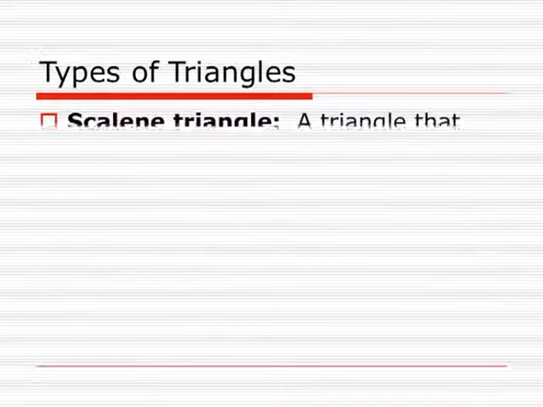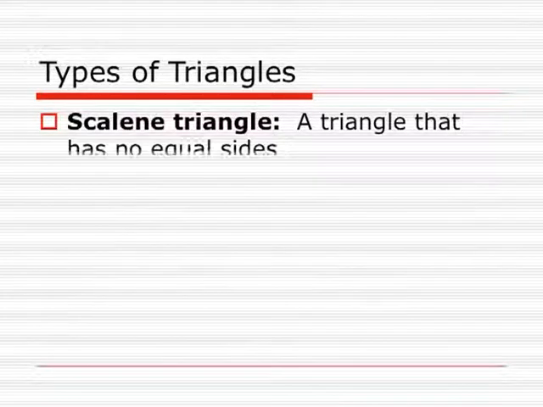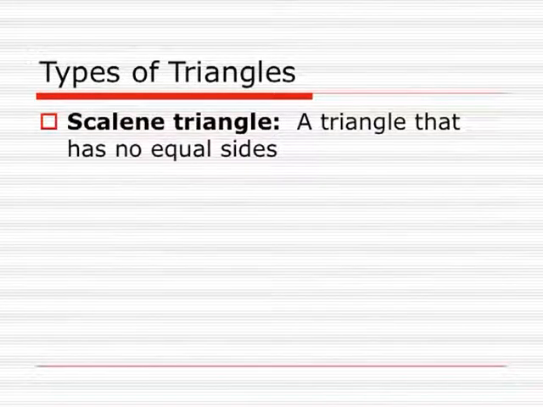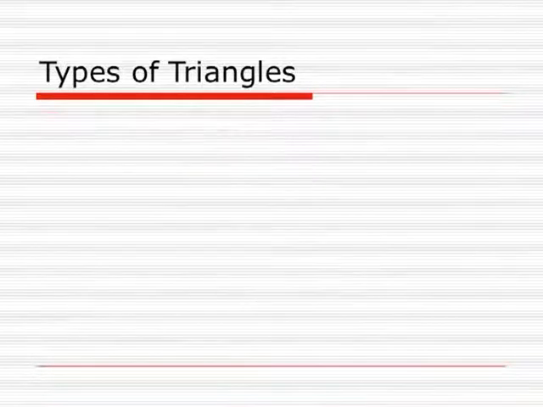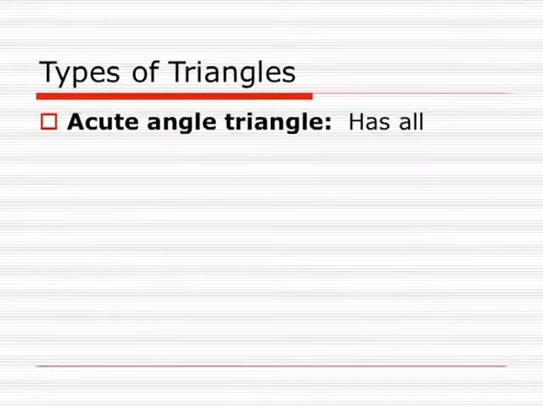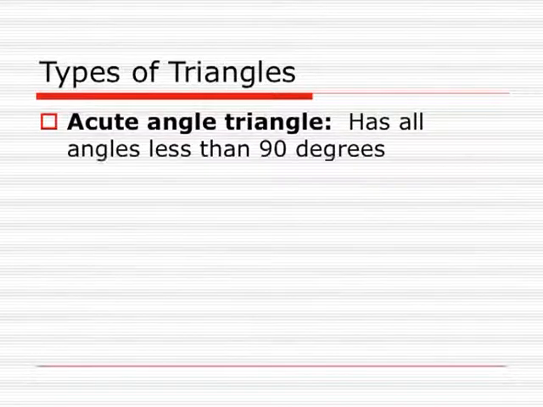The last type of triangle we define on the basis of length of sides is the scalene triangle. It is a triangle that has no equal sides, or in other words, all 3 sides are different in length. Now we define triangles on the basis of the measurement of their angles.